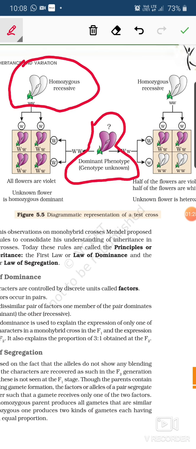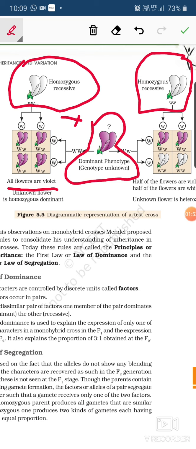Now after a cross between these two, both cases are given here, for the pure character as well as for the hybrid one. Suppose we get the observation that all the flowers are violet in color, meaning all the flowers are of the same color.